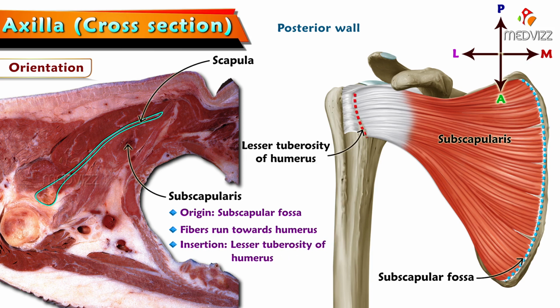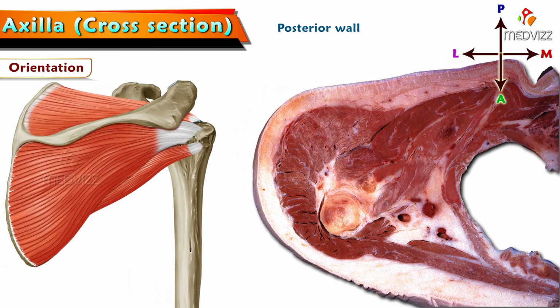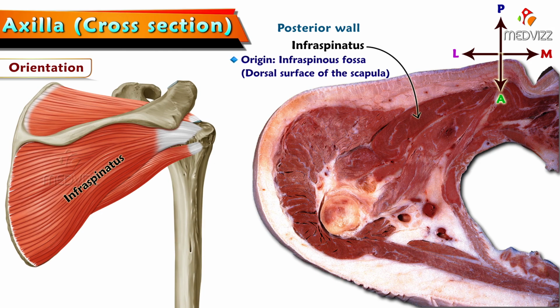The subscapularis inserts to the lesser tuberosity of the humerus. The second chief muscle contributing to the posterior wall is infraspinatus. This dorsal muscle is infraspinatus, present over the dorsal surface of the scapula.